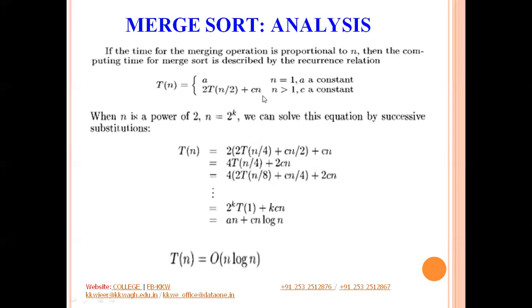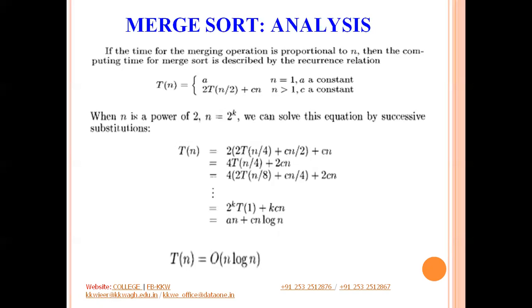So f of n denotes the time required for splitting and conquering or combining the solution. Let us assume that the list is of size n. As the value of n increases, more and more time will be required to solve the problem.